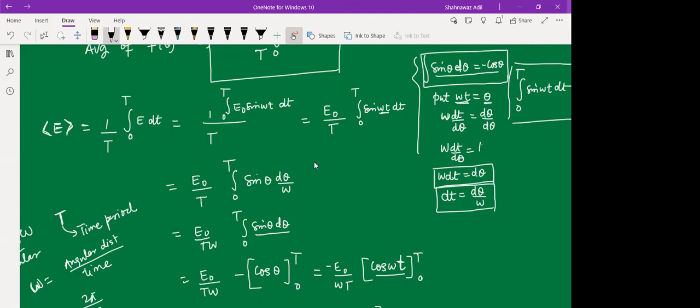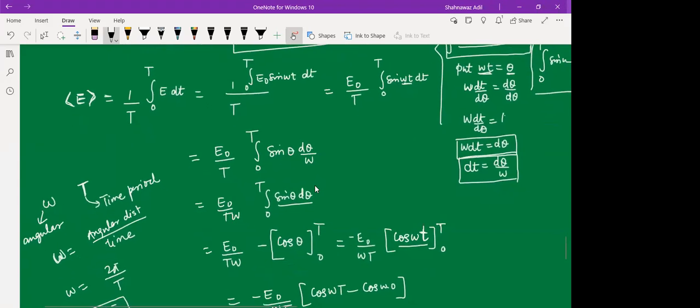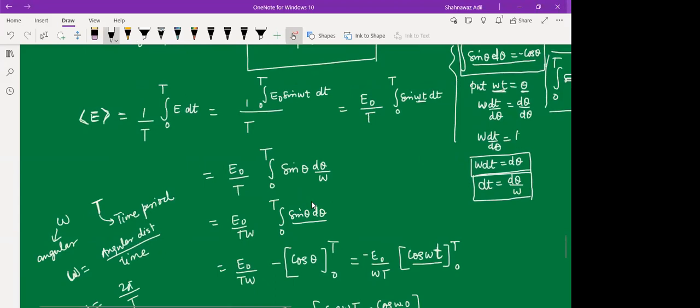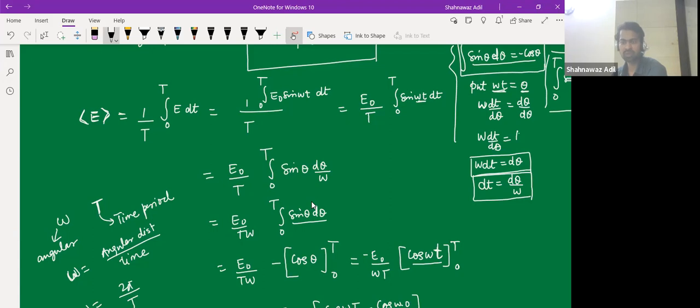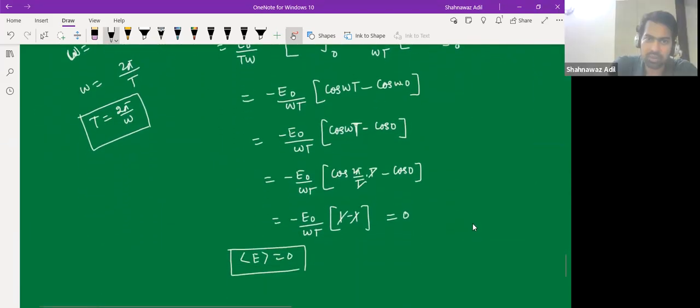Yes. Whenever you want me to scroll down the screen, please tell. Then please note down this part.